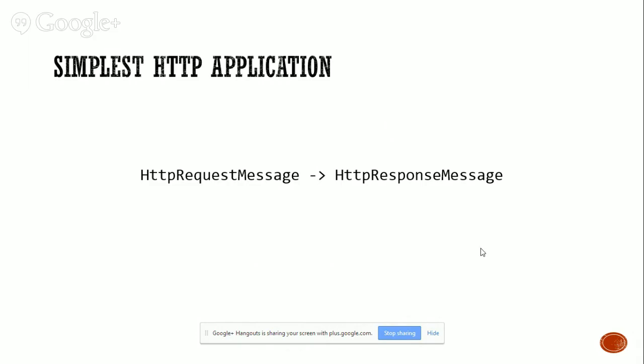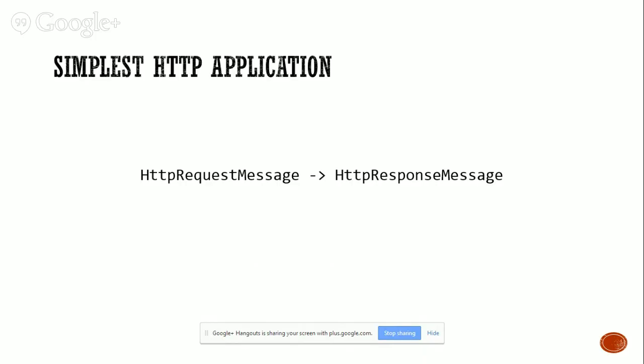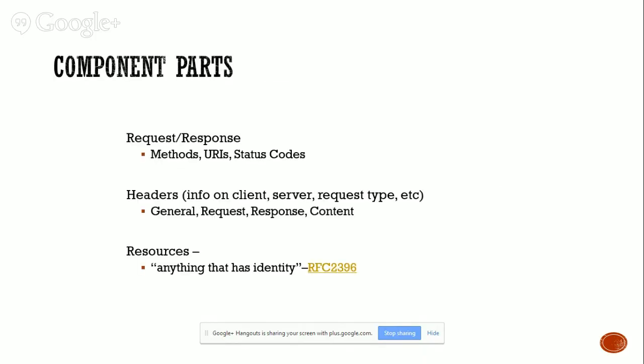So simplifying this a little bit, ultimately when you get on the web, you're looking at a function that takes a request message and returns a response message. This is the simplest way you can think of web applications, and it's very simple. And this works for both client and web story. The component parts of HTTP are built up of request and response.